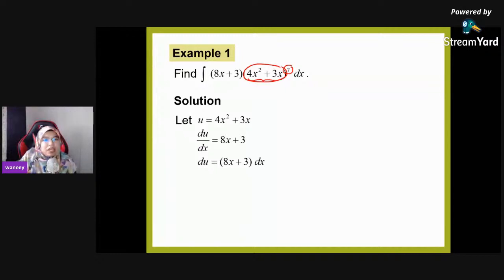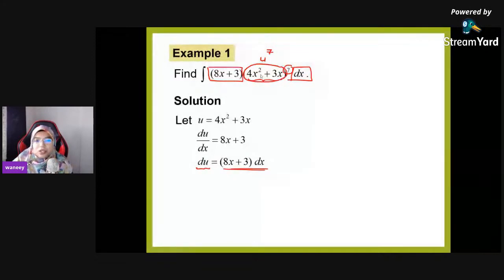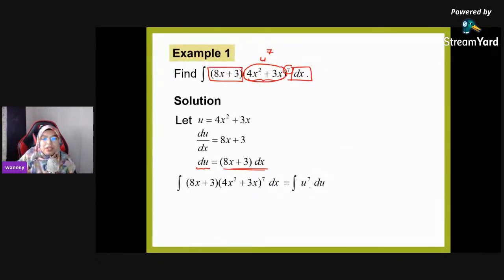And then I'm left with 8x+3 as well as dx, but that is actually du. So (8x+3) dx is actually du. So I can replace everything, and it will become u^7 du.